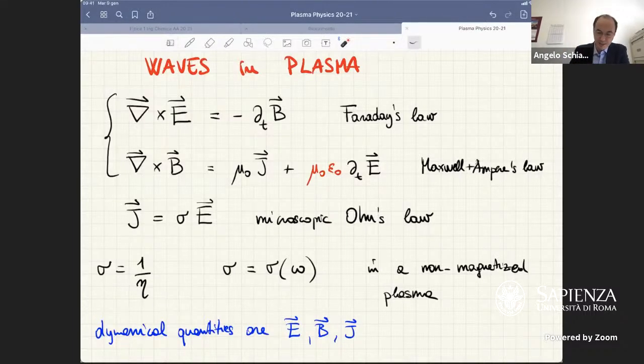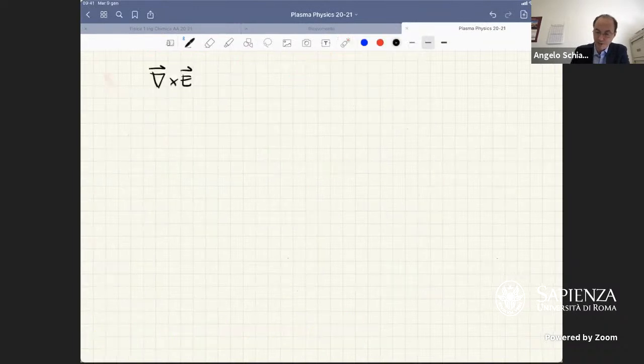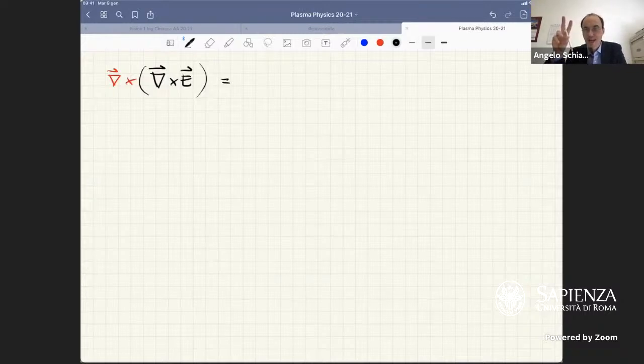So the general idea is to take the curl of a curl quantity. So let's take the curl of the Faraday's equation, and remember that spatial derivatives and time derivatives can commute.